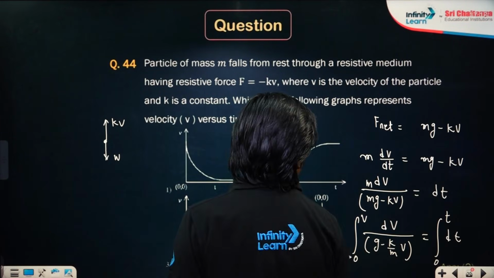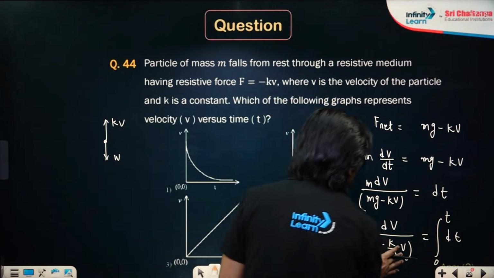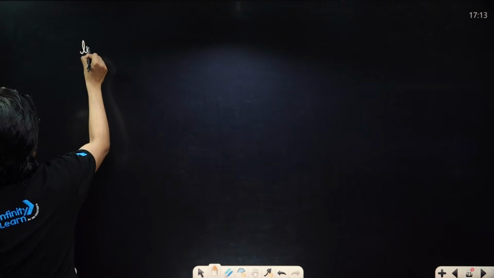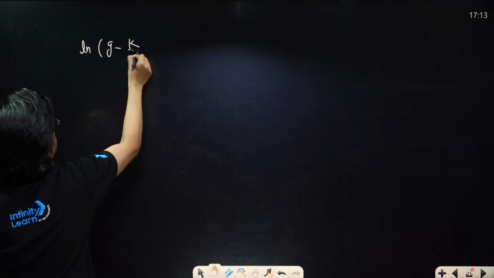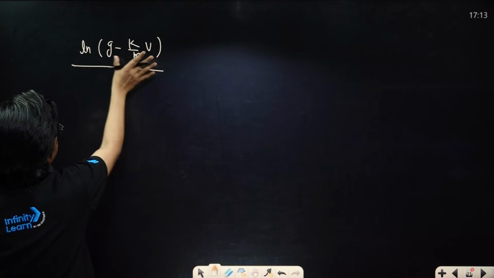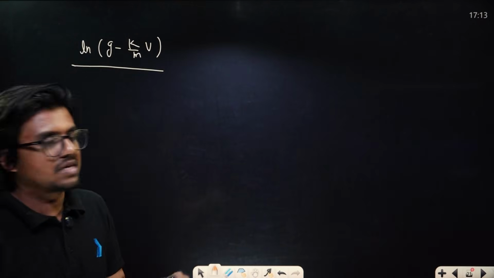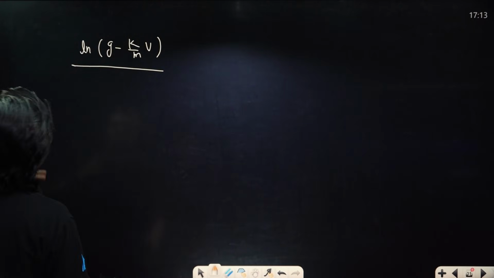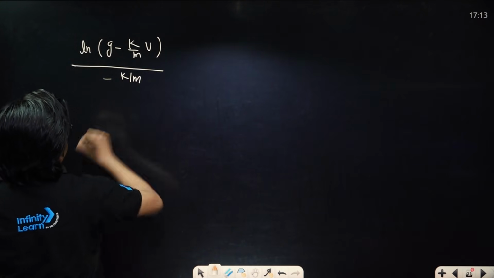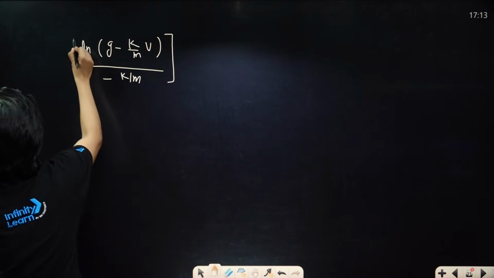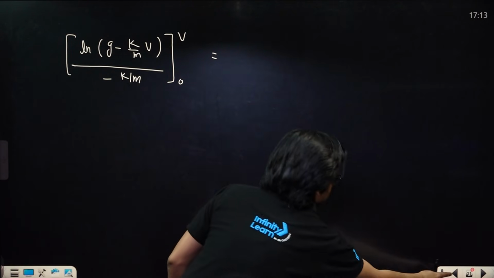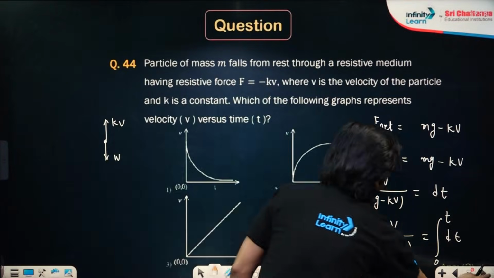If you solve it, what are you going to get? Log of (g minus k by m into v), that is the integral, again divided by the differentiation of this term, g minus k by m v, and the differentiation is minus k by m. Take these limits varying from 0 to v, and on the right side you are going to get just t.